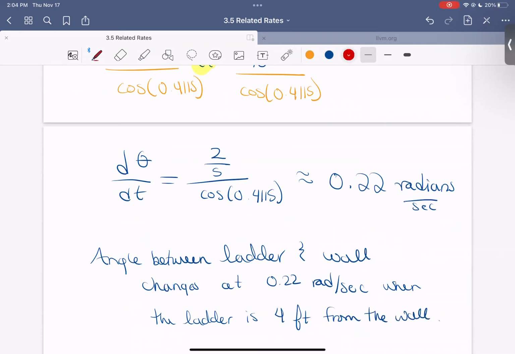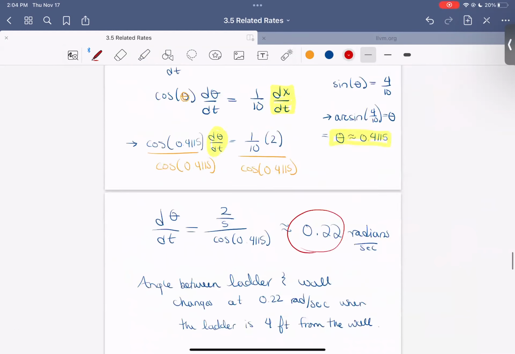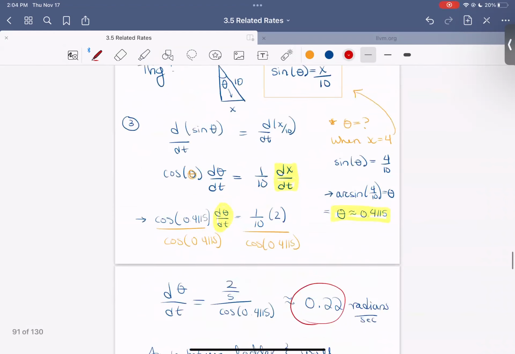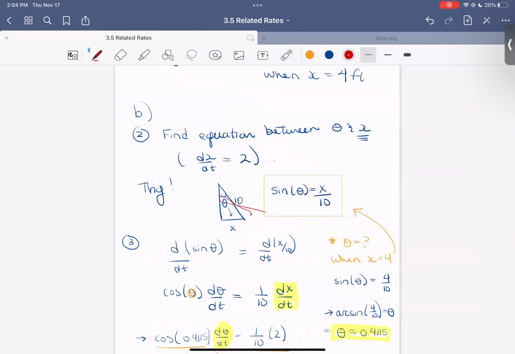So this means that the angle gets larger, our change is positive, which makes sense going back to our picture. As our ladder falls further and further, this angle gets larger and larger.